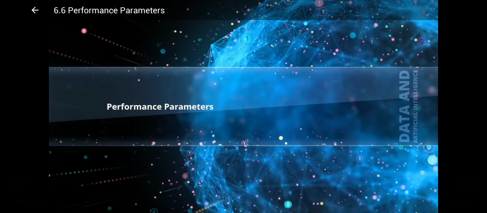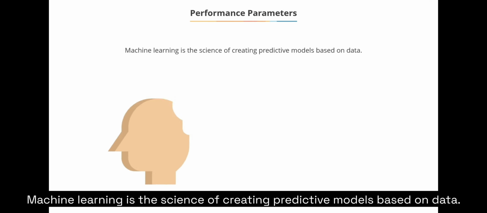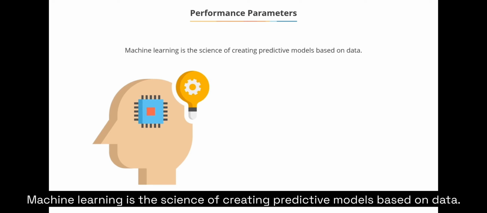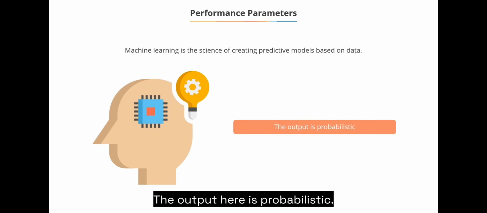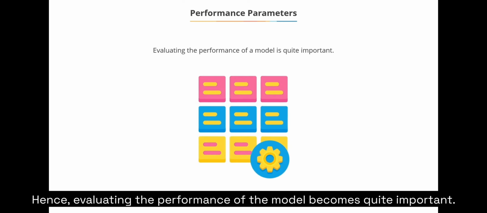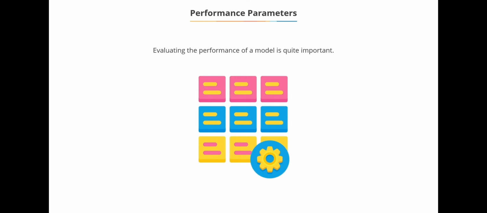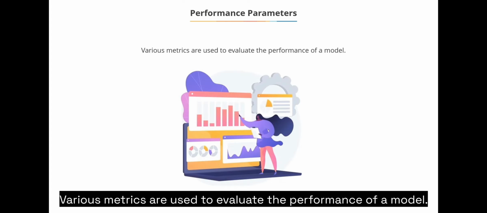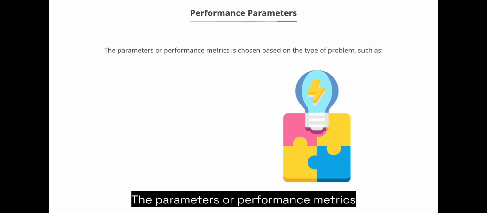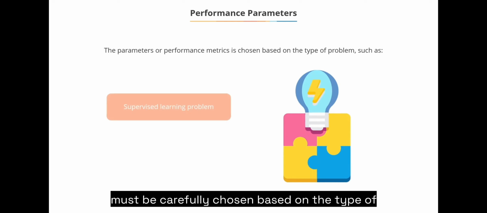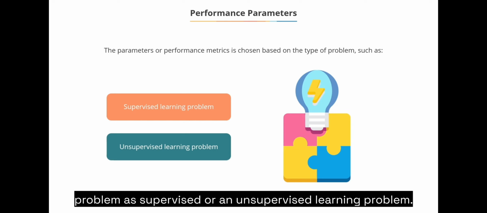Performance parameters. Machine learning is the science of creating predictive models based on data. The output here is probabilistic. Hence, evaluating the performance of the model becomes quite important. Various metrics are used to evaluate the performance of a model. The parameters, or performance metrics, must be carefully chosen based on the type of problem, as a supervised or an unsupervised learning problem.